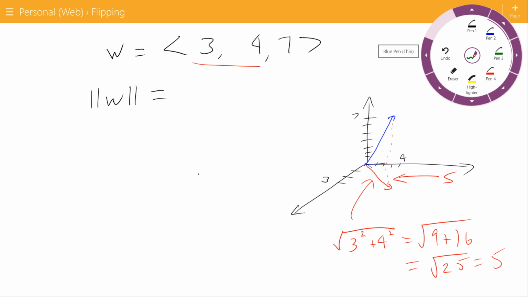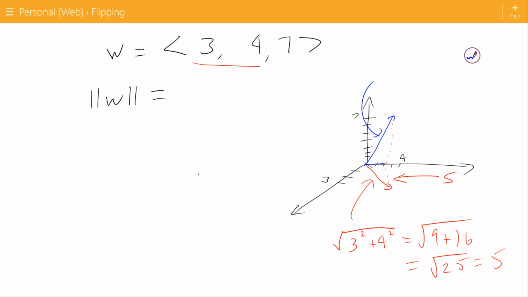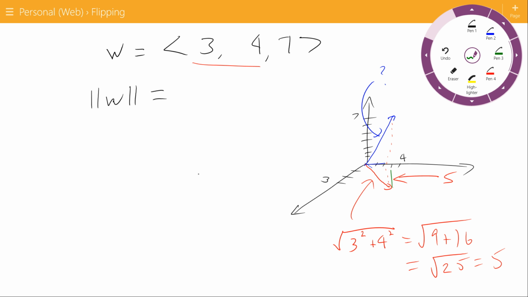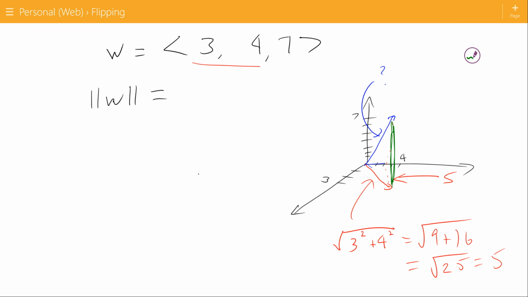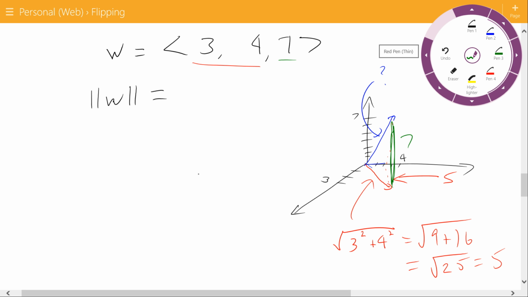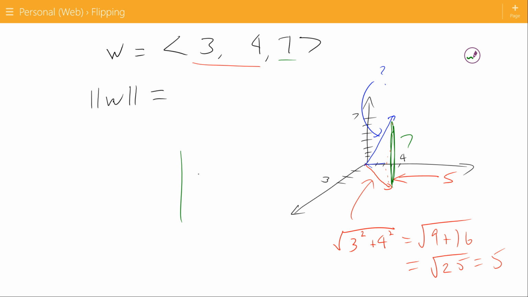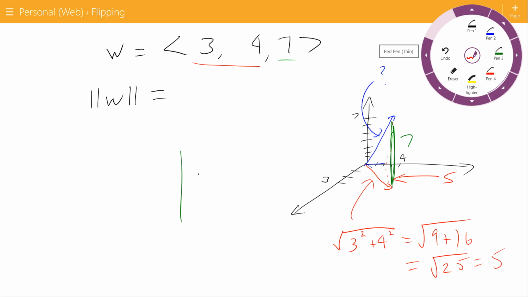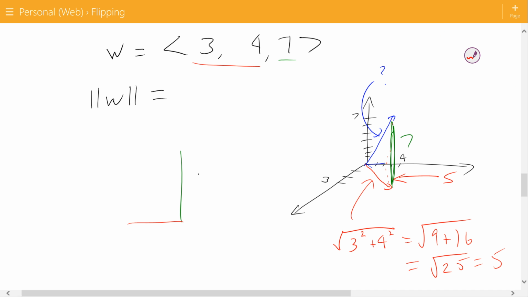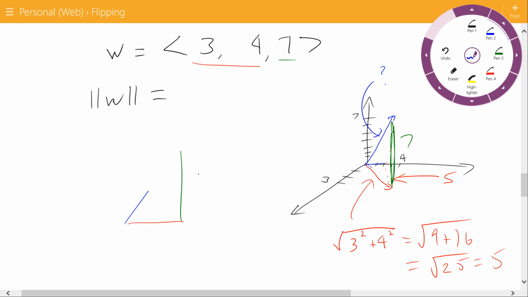So, but what I want to do is I want to find the length, the magnitude of this blue vector. I don't know what that is right now. But I've got my z dimension that I can factor in now. And the length of that, the magnitude of that, is 7. So now really, if I cut the triangle in a little bit different angle here, I've got something that's going to look like this.